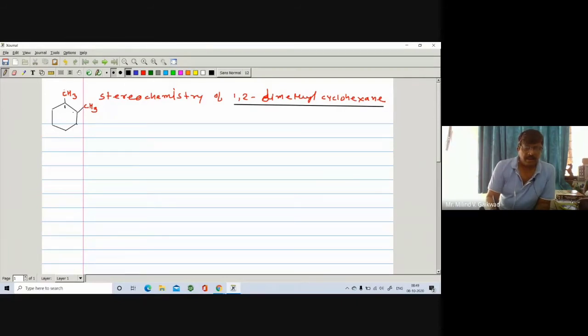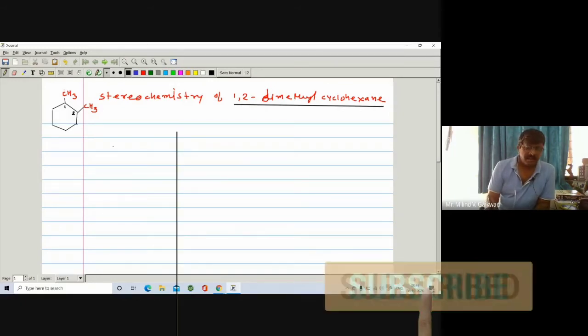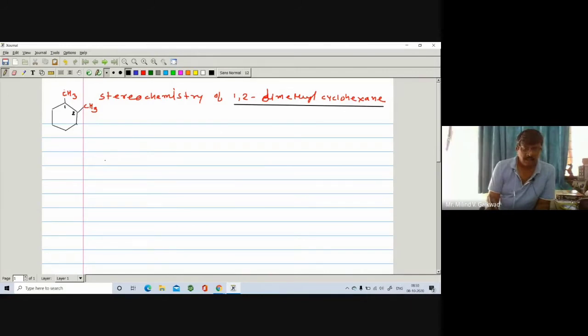Here is carbon number 1, carbon number 2, and similarly we can write the remaining ones. First we will see the corresponding chair form of the cyclohexane, and then we learn its stereochemistry. Last time we have seen how to draw the cyclohexane. So first we will draw the cyclohexane. For this we have to write two parallel lines elongated downward.